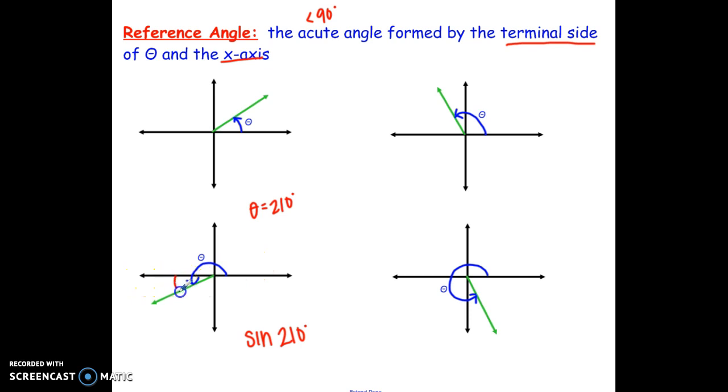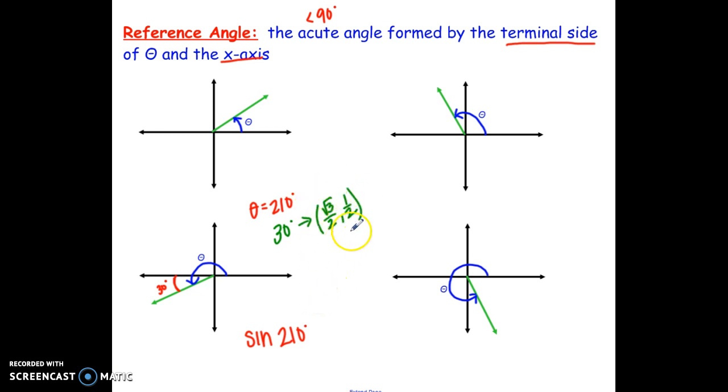In fact, 210 minus 180, I know that's 30 degrees. That acute angle formed by the terminal side and the x-axis is 30 degrees. What that means is I want to reference 30 degrees when I'm trying to figure out this answer, because I am very familiar with 30 degrees. I know that it has the terminal point root 3 over 2, 1/2.